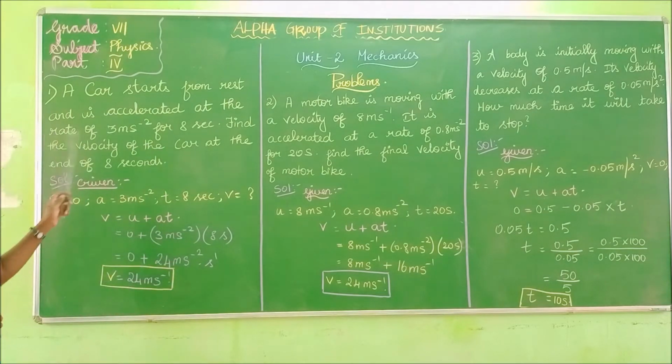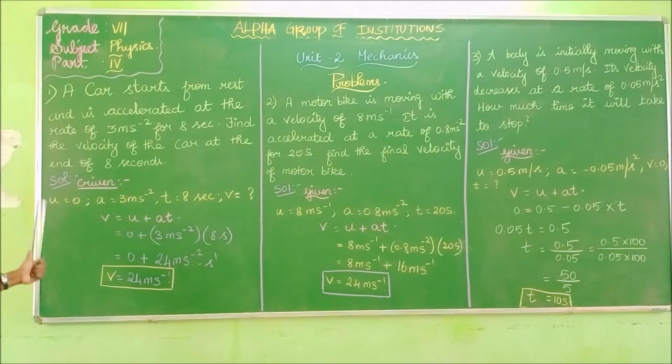I'll read the question again. A car starts from rest and is accelerated at the rate of 3 meters second power minus 2 for 8 seconds. Find the velocity of the car at the end of 8 seconds. They are asking us to calculate the final velocity.